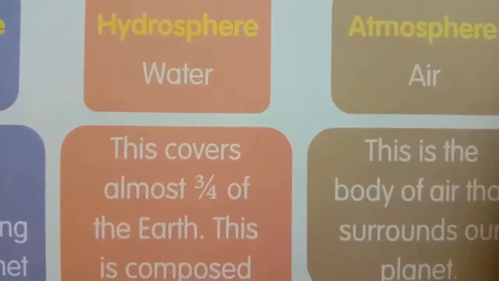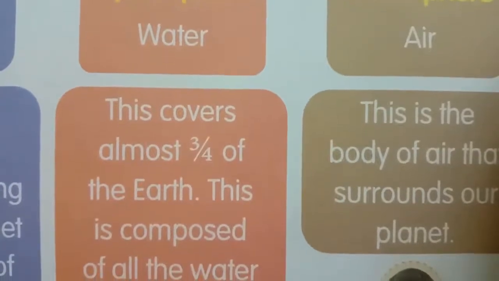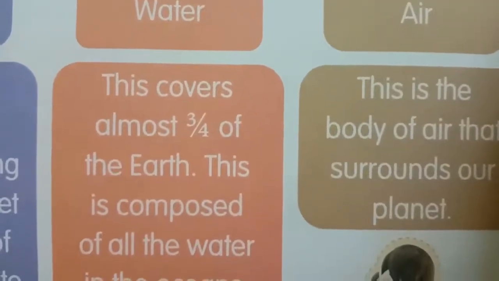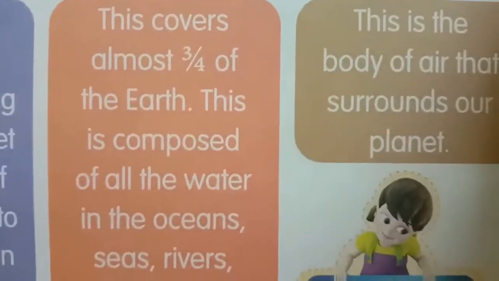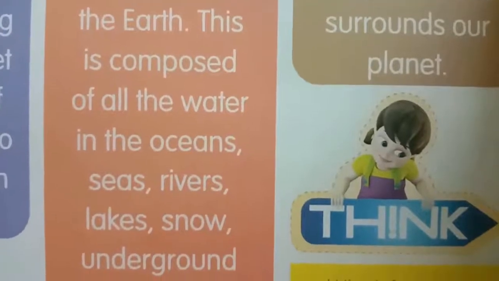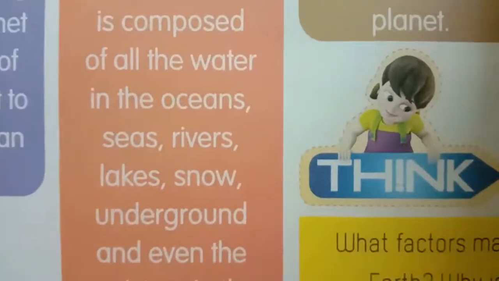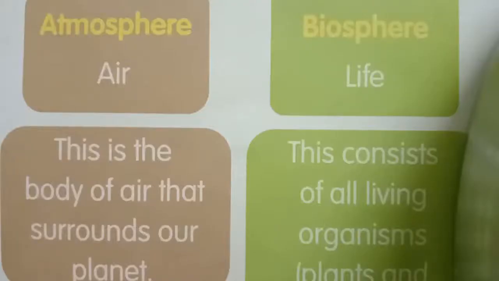Hydrosphere, water. This covers almost 3/4 of the Earth. This is composed of all the water in the oceans, seas, rivers, lakes, snow, underground and even the moisture in the air. Atmosphere, air.